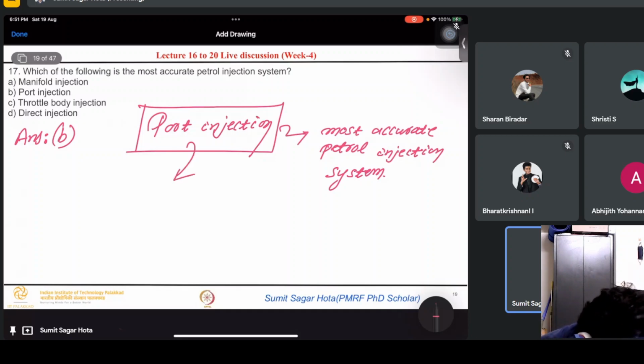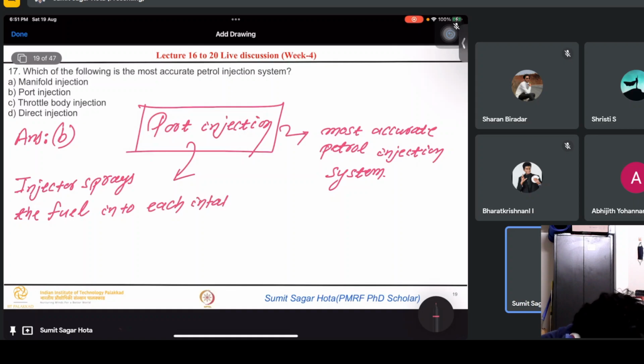What exactly is this port injection? One injector is there. The injector sprays the fuel into each intake port on the manifold side of the inlet valve.